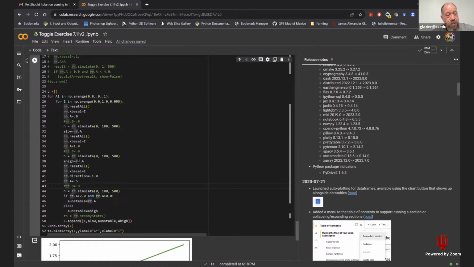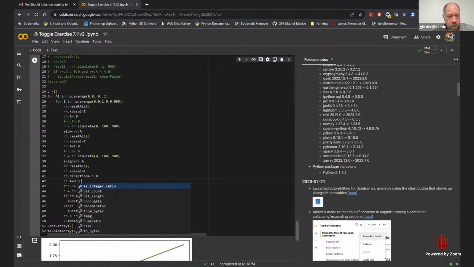I really should pick something that's in between K low and K high. So if I want to be a little bit better on this, I could use 0.5 times A low plus A high. Then I'm guaranteed to be within the range, which is better.